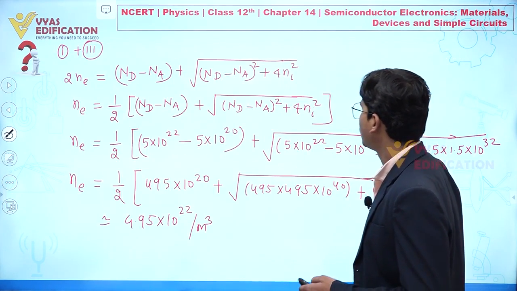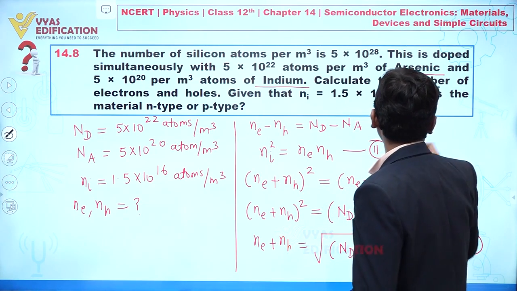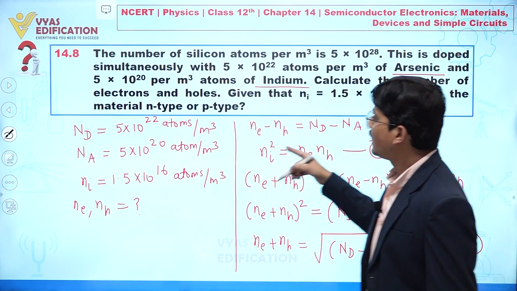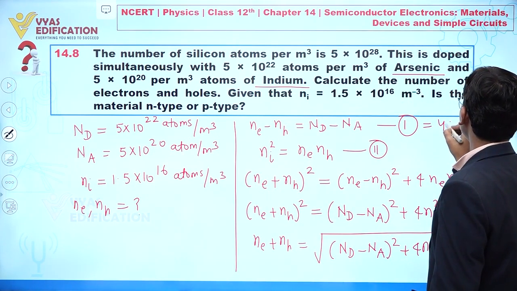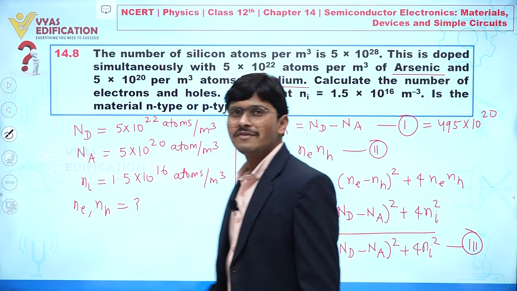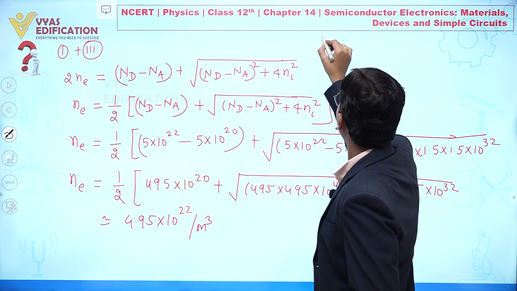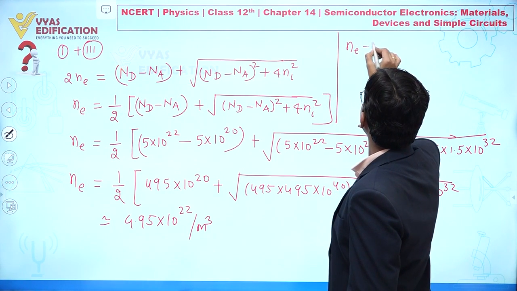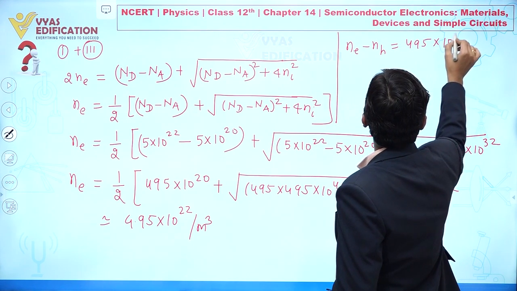Now you know the value of Ne minus Nh, you know Nd minus Na, and this is equal to 495 into 10 to the power 20. Yes or no? So can we find the value of Nh? Yes. So I am writing here Ne minus Nh should be equal to 495 into 10 to the power 20.